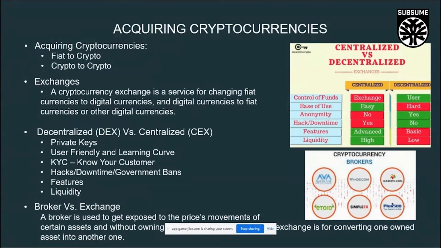Or when you have to go crypto to crypto, they usually say, "Oh my gosh, it's so hard." Convenience is convenience, but it does have its drawbacks, and we'll talk about that as we go through this part of the presentation. The two ways you can acquire crypto are using your fiat, so let's say you're in the United States, it's USD.